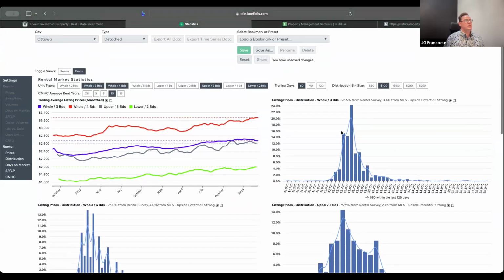So here's the distribution. You could see 3-bedroom homes in Ottawa going somewhere between 2,400 and 2,800. But look, and this is with the bigger markets, the Torontos, the Oshawas, the Pickering, the Ajax, the Bramptons, the Hamiltons. Look at the distribution. Look how long that tail is.